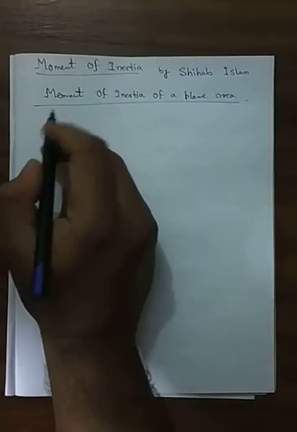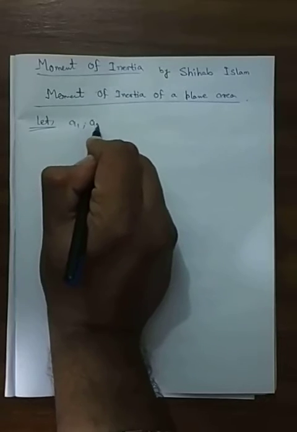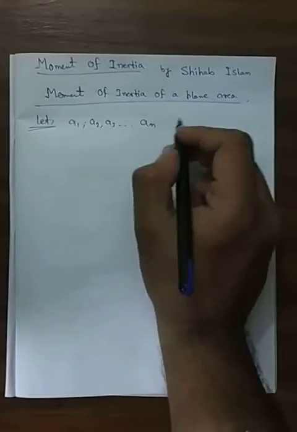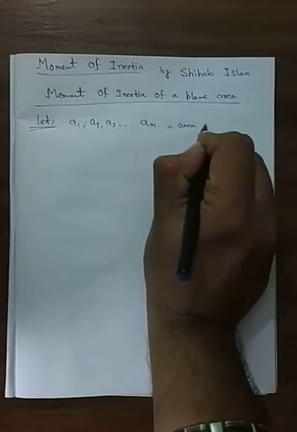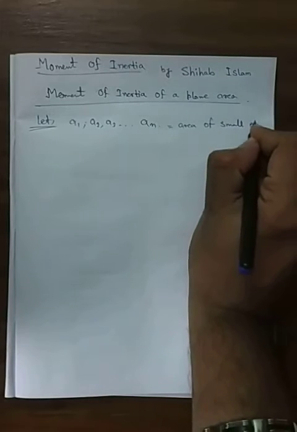So let's assume A1, A2, A3 up to nth terms are the areas of small elements.